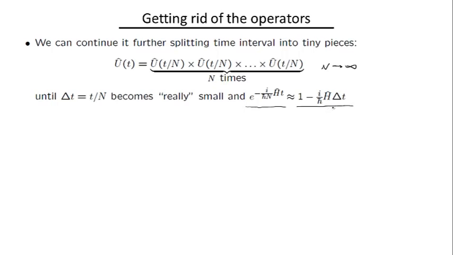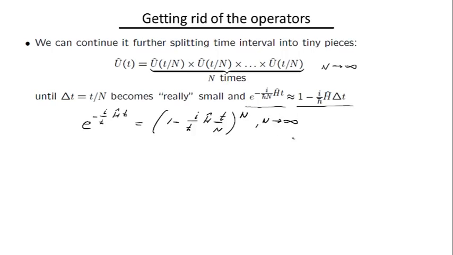And so basically I approximate my evolution operator in each of these time intervals as so. As a matter of fact, you can say that I shouldn't have done this derivation, because at the end of the day, what I have actually derived is that e to the power minus i over h bar Hamiltonian times t is equal to 1 minus i over h bar H t over n, to the power n, where n goes to infinity.